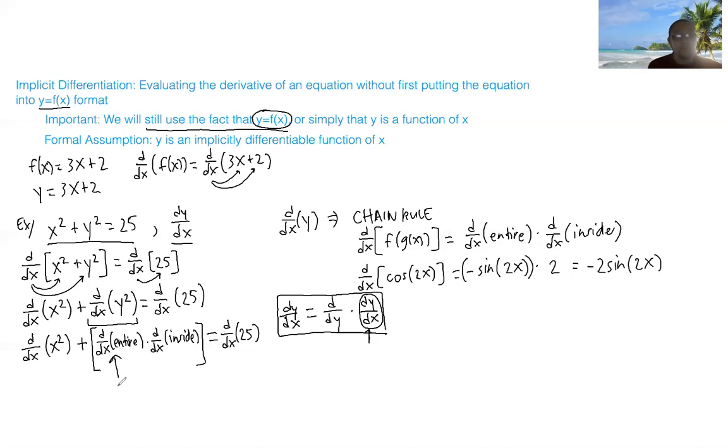The derivative of y squared is going to be the d over dy, that's this term, of y squared. So you can think of this as the derivative of your entire term. Now we're going to consider that y is a function of x, because we're going to multiply this by differentiating y with respect to x, okay? And this is where this term comes into play, okay? And we said that this is actually the term that we're trying to solve for, is this term right here, okay?